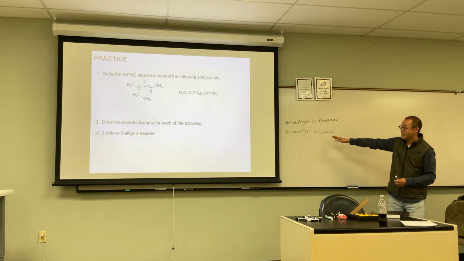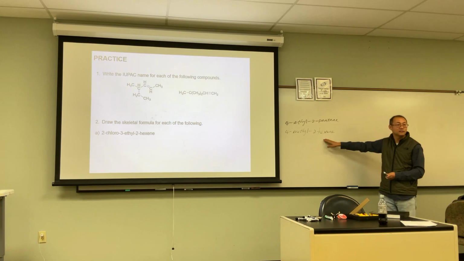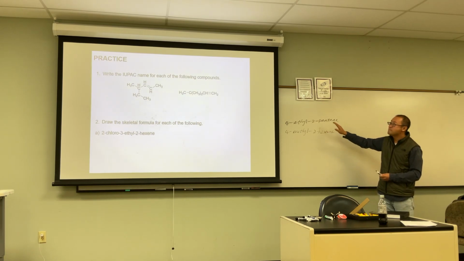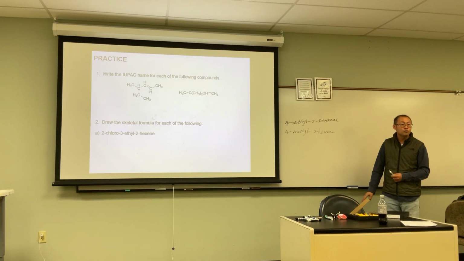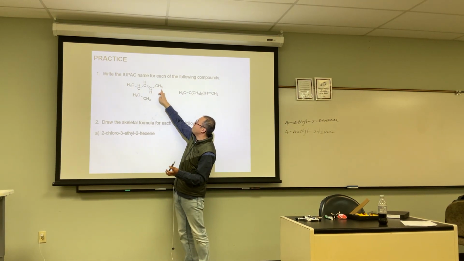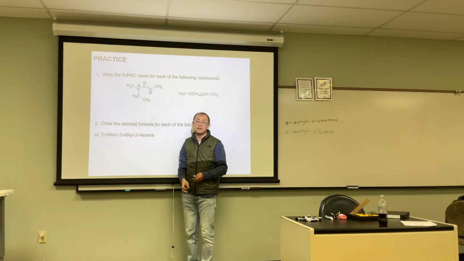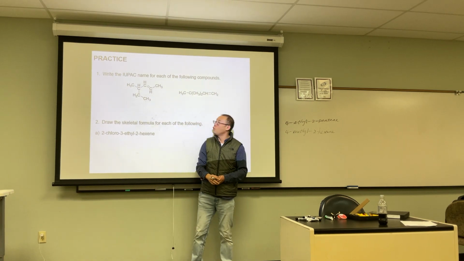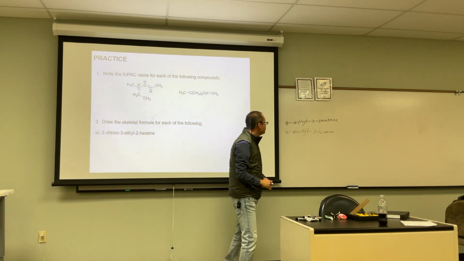The second one is 3,3-dimethyl 1-butene. One second. Do you guys agree with the name of the first molecule? 4-methyl 2-hexene. Okay, you have to find the longest chain. You include these 2 carbons, fine, but you have to find the longest chain. It's 4-methyl 2-hexene.